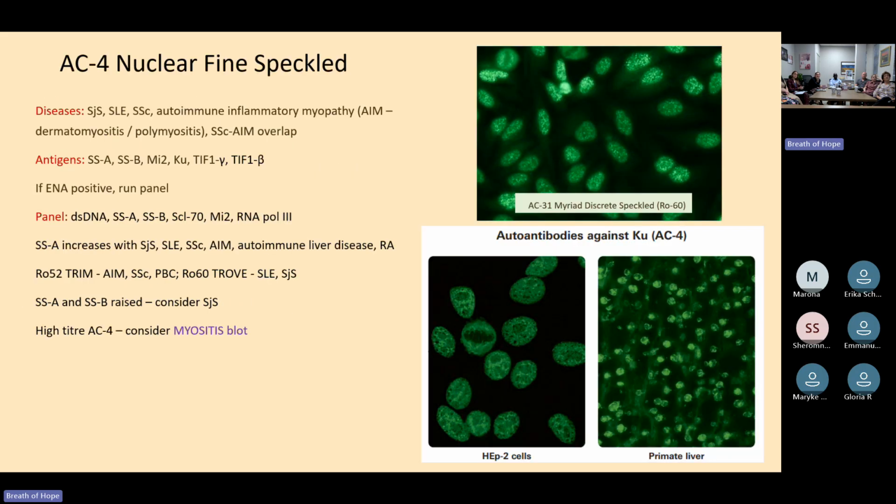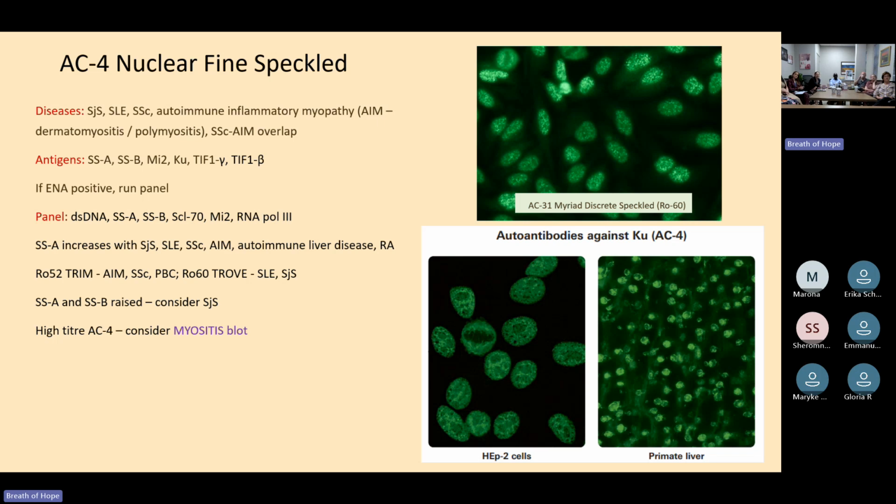Okay, the next one is then your nuclear fine speckled pattern. As I mentioned, it's a very common pattern, even in patients with non-autoimmune disease. But the typical ones in terms of autoimmune disease that it's associated with are Sjogren's, SLE, systemic sclerosis, and then your autoimmune inflammatory myopathies, as well as systemic sclerosis overlaps.